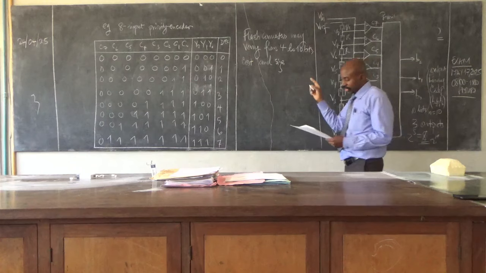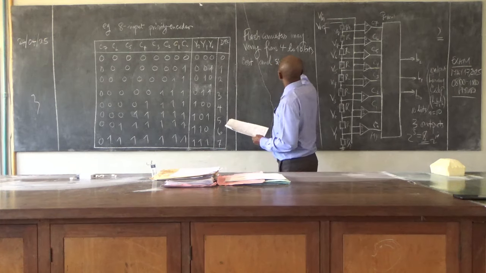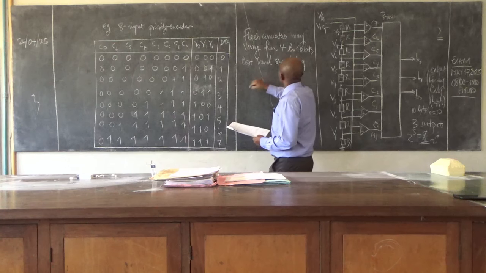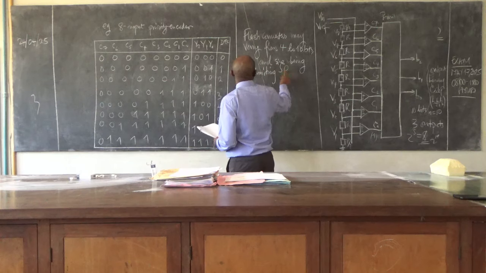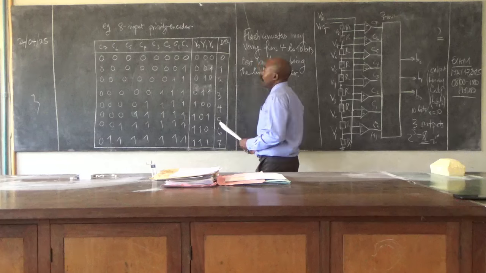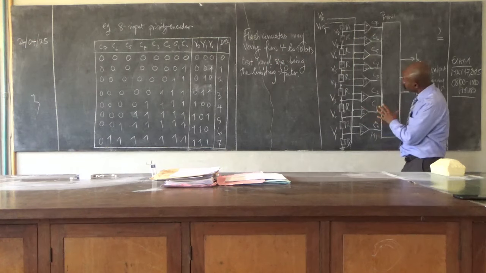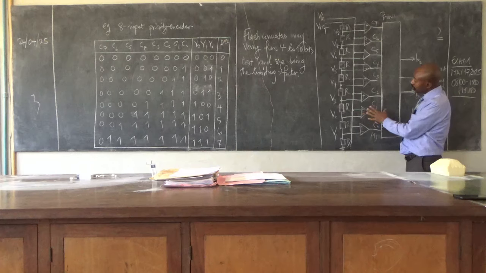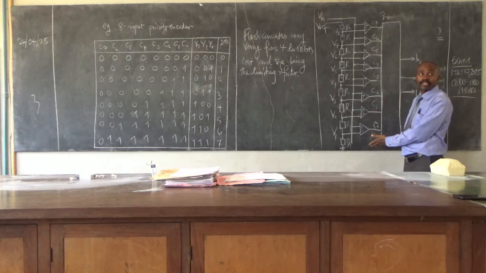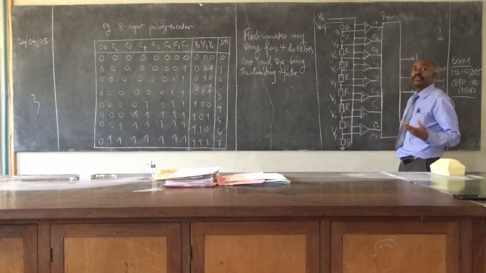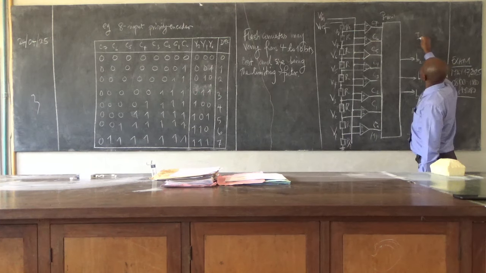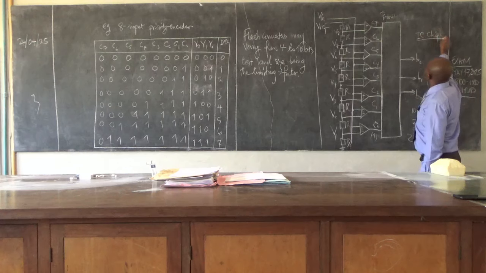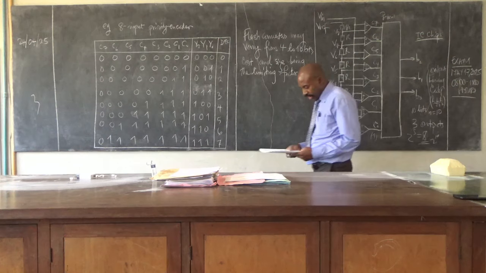So the cost and size are the limiting factors. That's why I didn't want to have this kind of architecture. It can't even fit on the board. So how will it fit on the circuit board? That's why we struggle to make sure that we get the IC chips, and you have seen them in the lab at least.